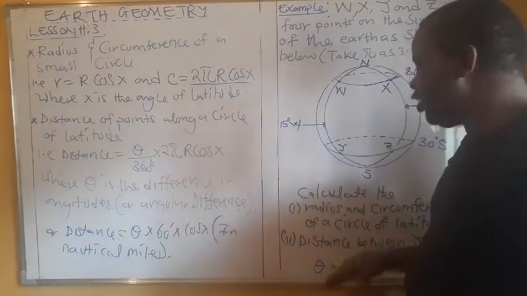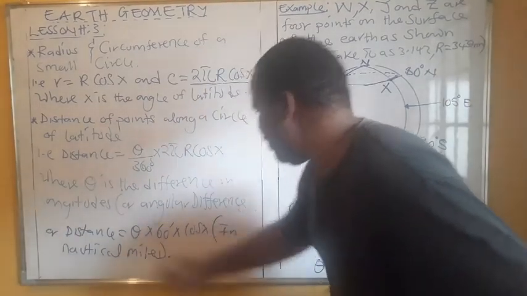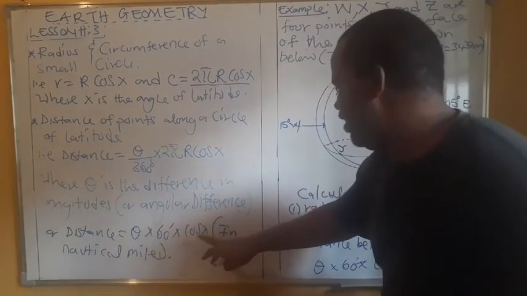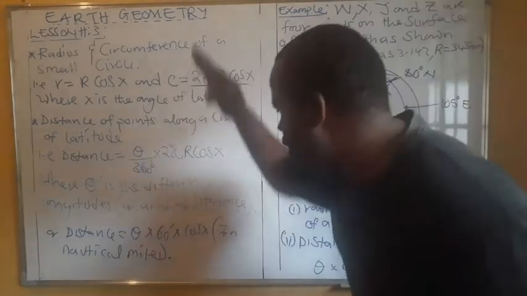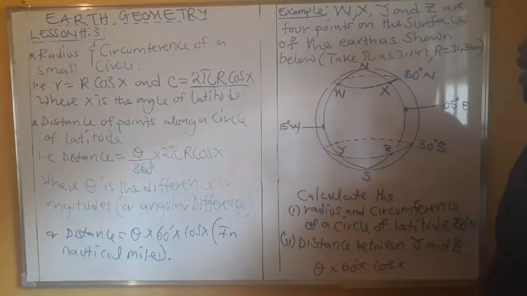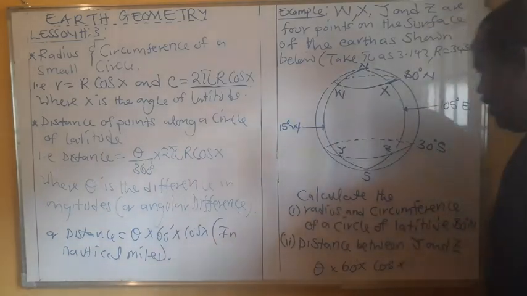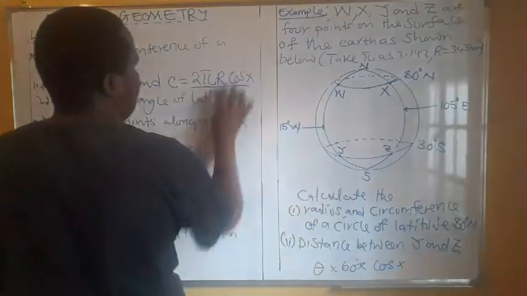Or if it is in nautical miles, that is the sea measurement, you're going to say theta times 60 minutes times cos x. Here I've even emphasized in nautical miles. So let's see the example here. I'll be able to solve it the other side.